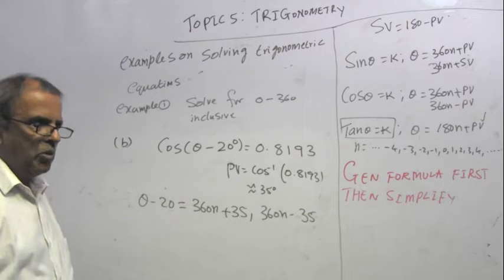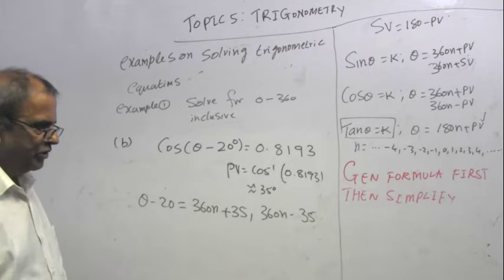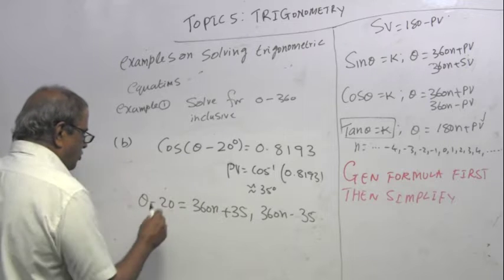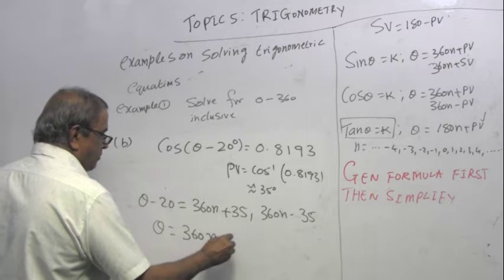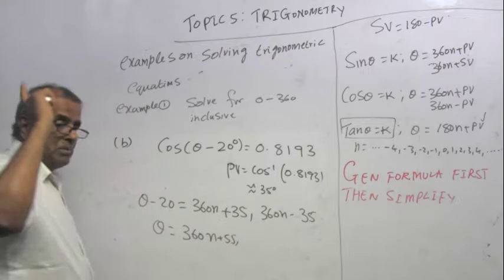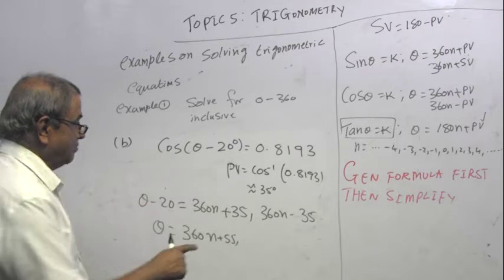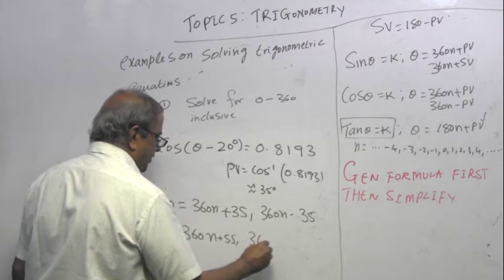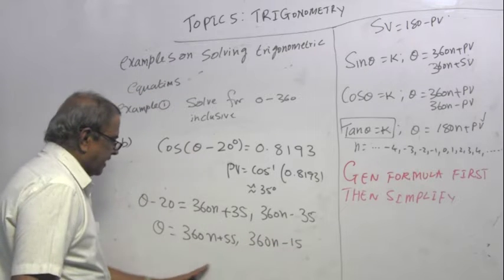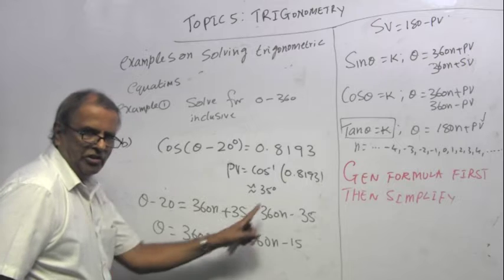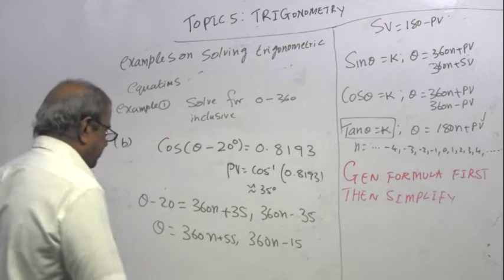If you consider only one, you get one set of values. So take the 20 now to the other side. So theta equals 360n plus 55, or 360n minus 15. You will get correct answers here, and wrong answers there, so you need to be careful.